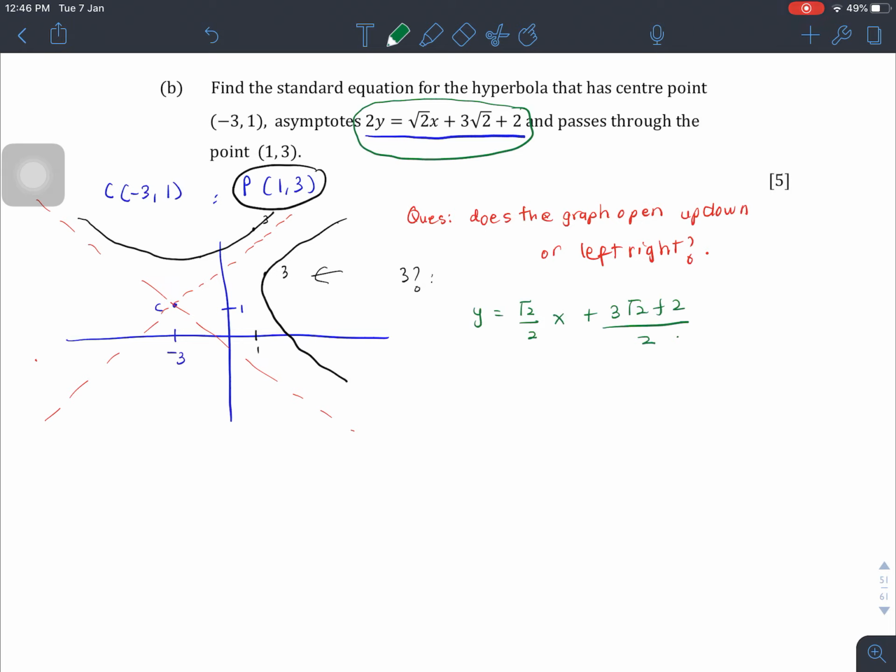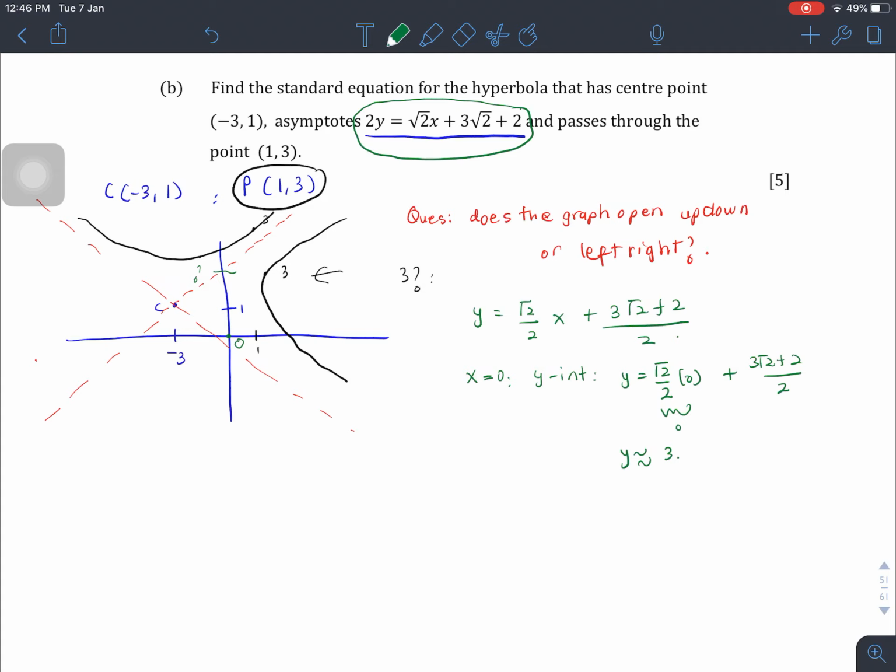Now, consider when x equals 0, which gives the y-intercept. y equals root 2 multiplied by 0, for sure 0, plus 3 root 2 plus 2 over 2, where y is approximately equal to (3 root 2 plus 2) divided by 2.